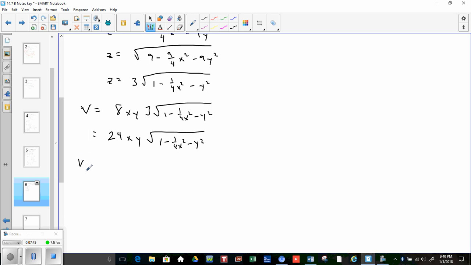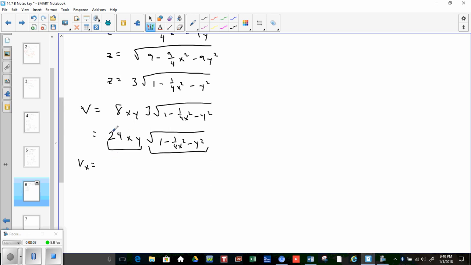So let's take the partial of the volume with respect to x. It looks like we're going to have a product rule here because we definitely have an x in this and then an x in here, and within that product we're going to have somewhat of a chain rule. So let's go ahead and take the partial with respect to x.